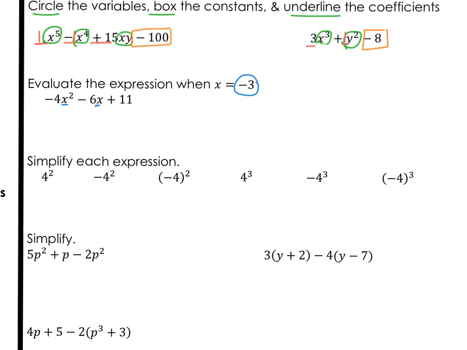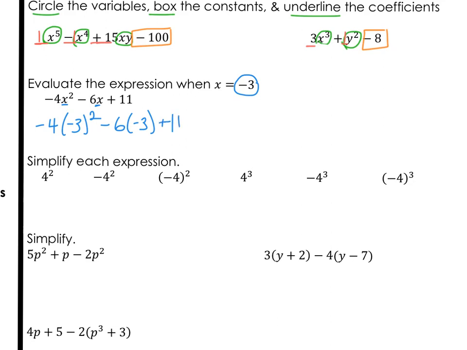This means wherever we see our variable, we're going to substitute in negative 3. Now you're going to probably guess by now we're working with a lot of negatives and we may even see some fractions here and there. If we substitute in negative 3 directly to x, our expression will look like this. Negative 4 times negative 3 squared minus 6 times negative 3 plus 11.